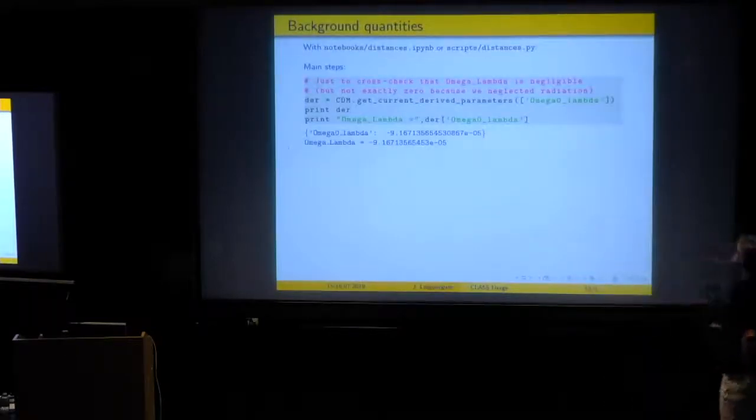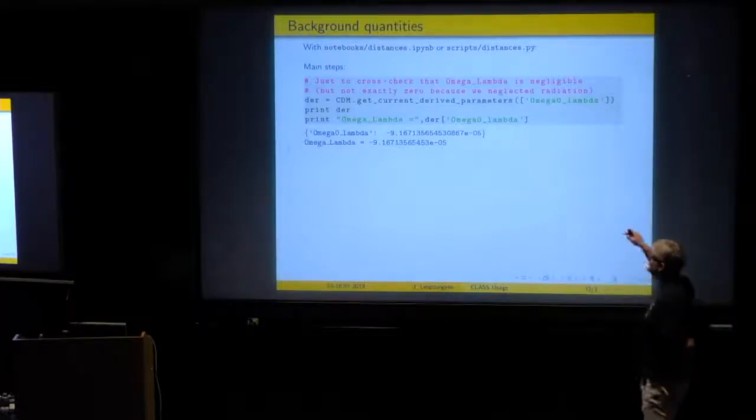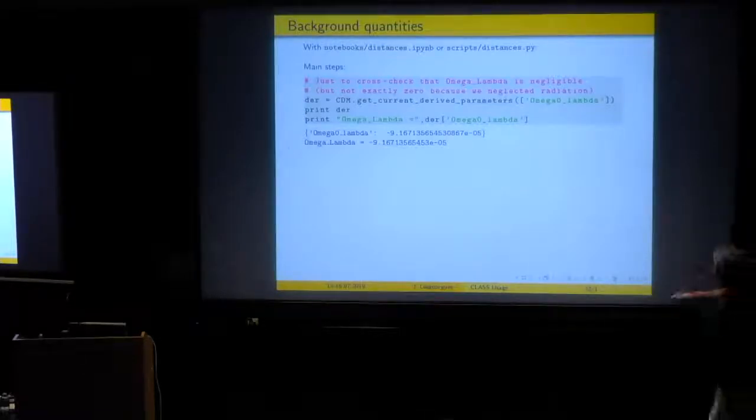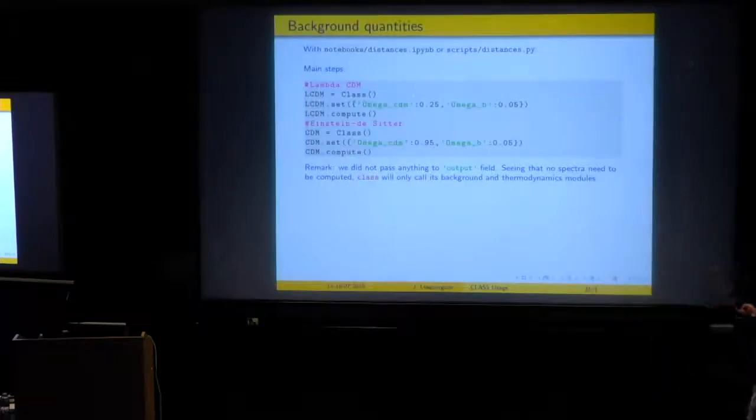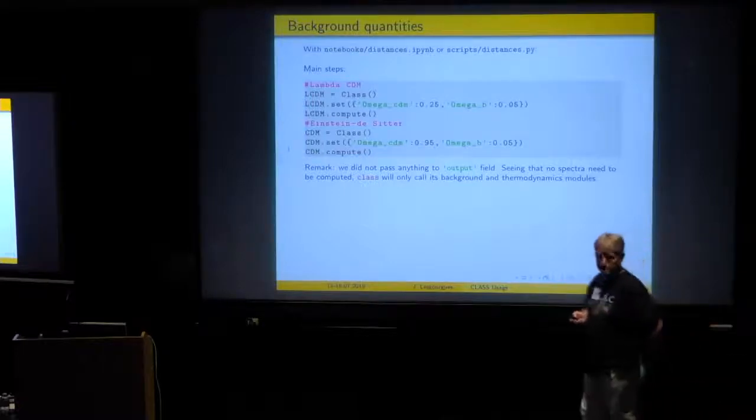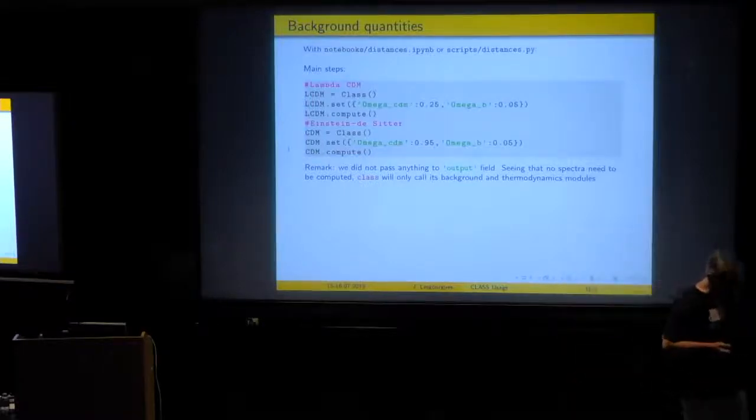Now, this is what you get in the script. This is first a cross-check that I've added because I think it's interesting, but it was not necessary in order to plot the Dodelson result. We want to check that omega lambda was set correctly. If I go to the previous example, in this case, we said omega lambda will be adjusted automatically to 0.7. Well, not exactly, because in the budget equation, you have a small contribution from radiation.